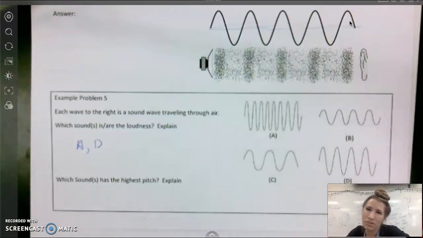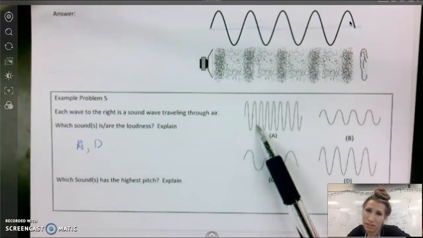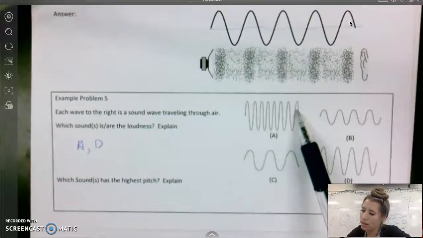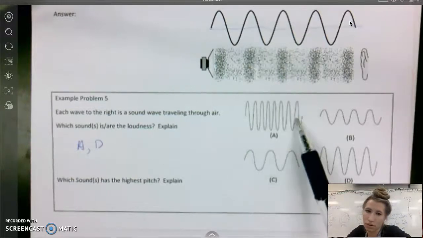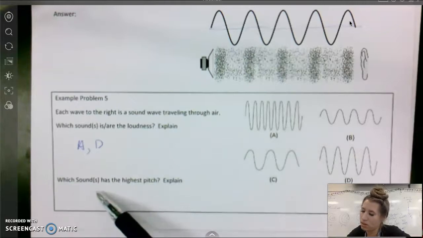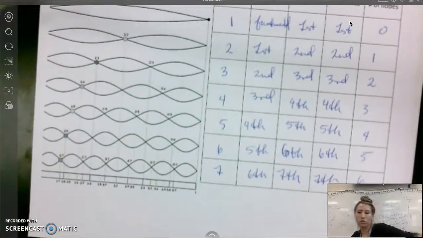And so we can visually look at this and say, if this is a sound wave and they're traveling the same distance, and this happened in the same amount of time, and so that has the most waves per time frame, so this would be my highest frequency. So which sound or sounds has the highest pitch? That would be A, because it has the highest frequency, and frequency and pitch are proportional.